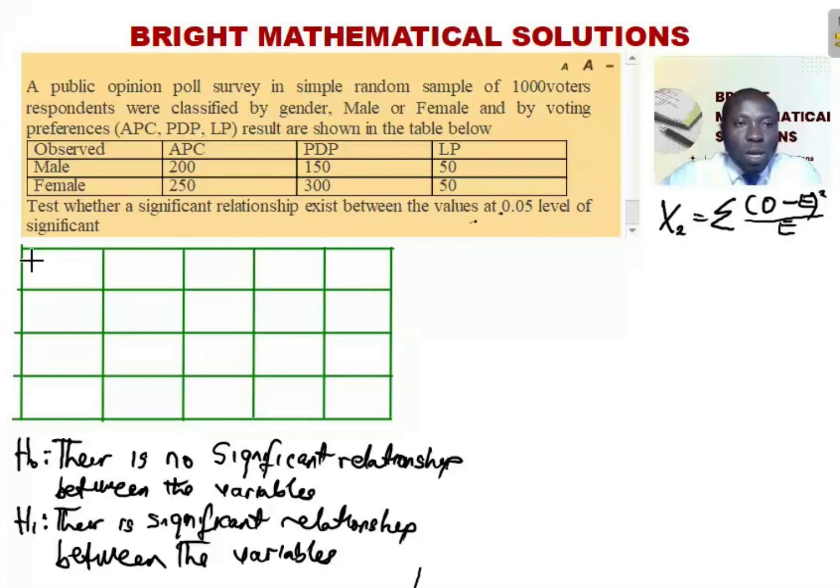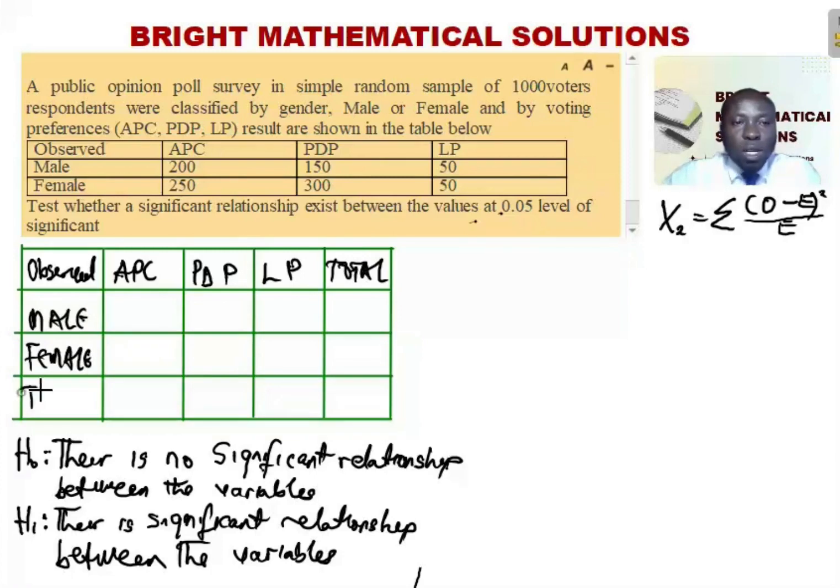So for the observed, we have APC, PDP, and LP. Here we're going to include total. We have male and female.